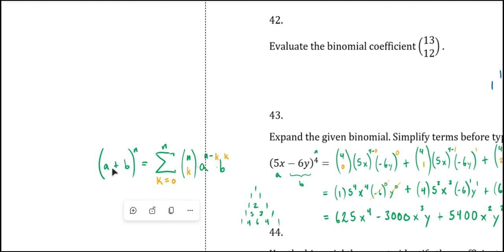We'll have some first component a to the n minus kth power, and then this other component b to the kth power itself. And we want to look at those from 0 to n as the powers of a descend and the powers of b ascend. Notice that no matter what, those powers are going to sum to be n. But we also need a coefficient to go out front, and that's going to be precisely the coefficient n choose k.